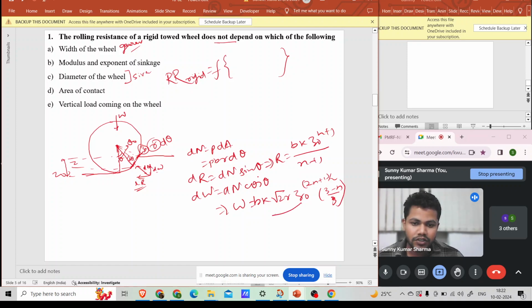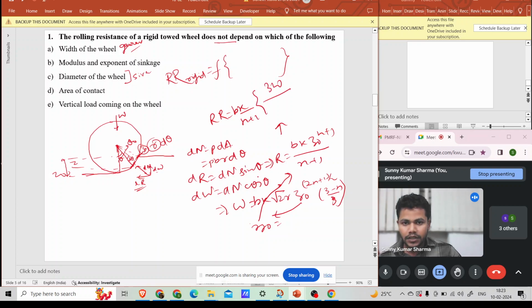So if we get z0 in terms of W, and put the z0 in this rolling resistance, then you will get the final equation of rolling resistance, which will come as d k by n plus 1, into 3W by b k root d into 3 minus n, to the power 2n plus 2 by 2n plus 1.